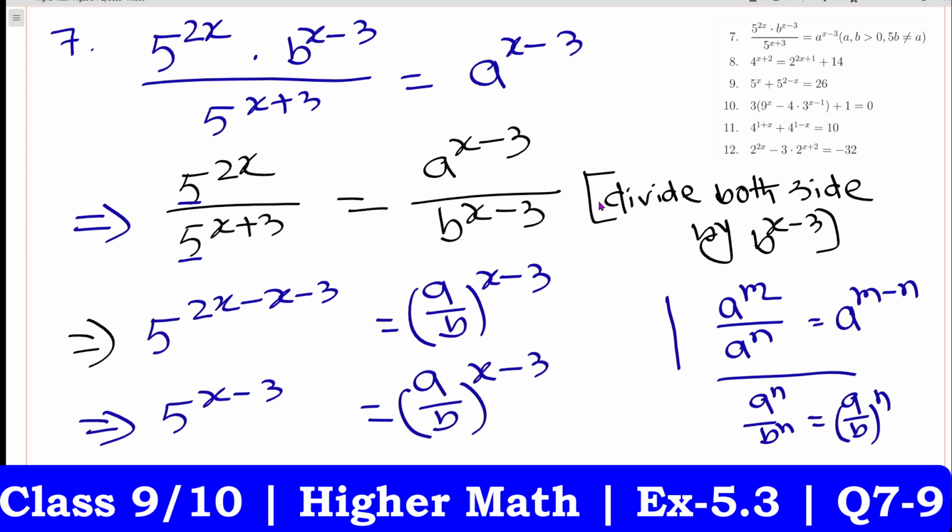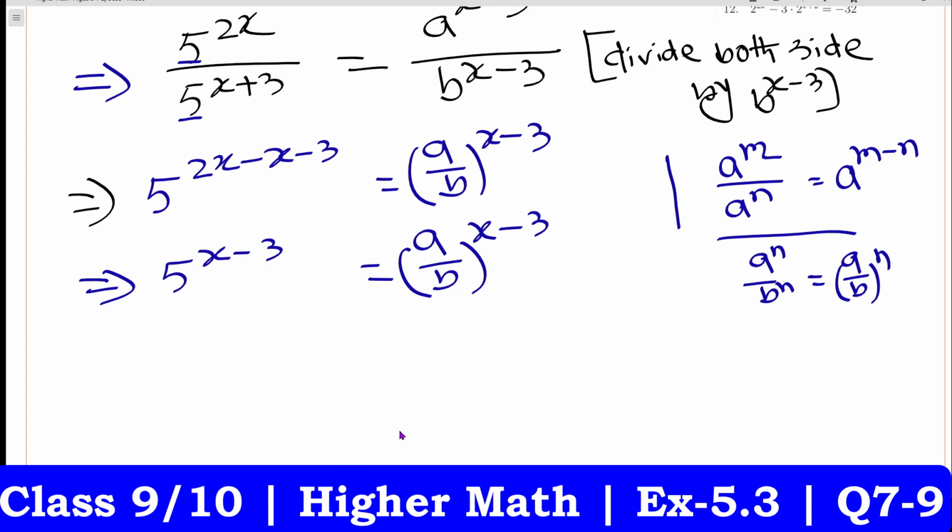Now here is an interesting problem. We know once a to the power n and b to the power n, once powers are the same, we can write the bases equal, a equals b. But in this case we cannot write 5 equals a by b, even though the powers are the same, because we have to find the value of x.